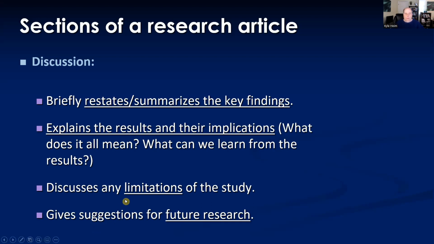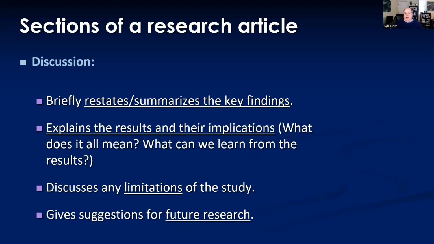A discussion section will also discuss any limitations of the study. Maybe the researchers were only able to study a very, very small sample. That could be a limitation, or maybe they had a very limited time frame for their study. This is the part of the article where they will acknowledge those limitations. And then they will typically also give some suggestions for future research.